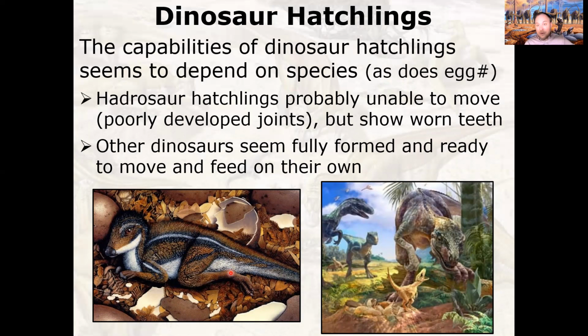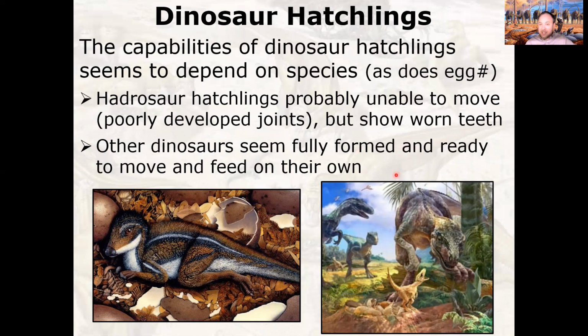So if you can't move around, but you're still eating, how are you getting that food? Well, it was probably the parent that was bringing it. They were actively being taken care of. And so hadrosaurs probably had a fairly active parenting style, whereas other dinosaurs that would have larger broods, maybe their young were much more likely to be fully formed.